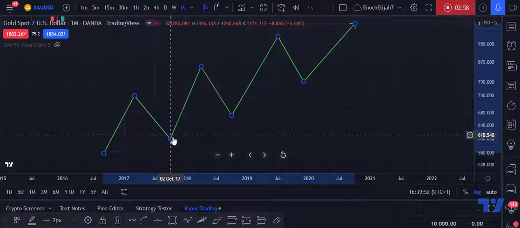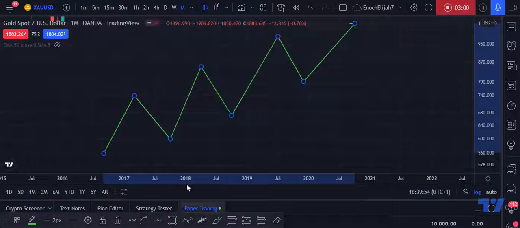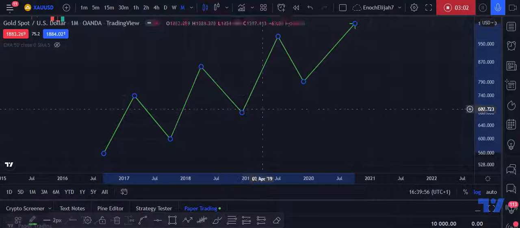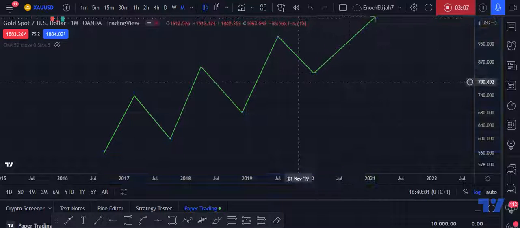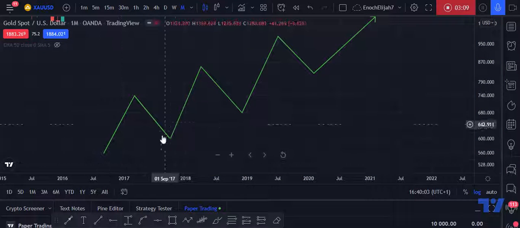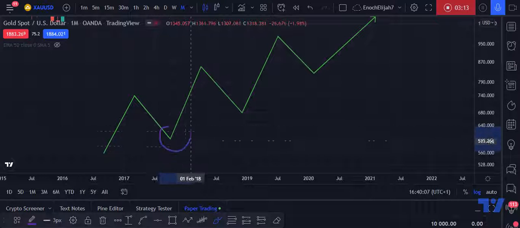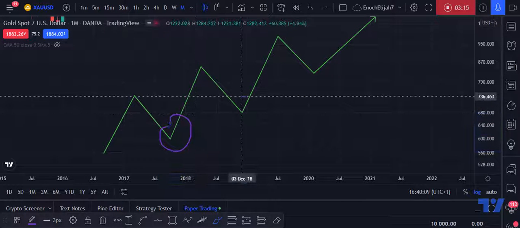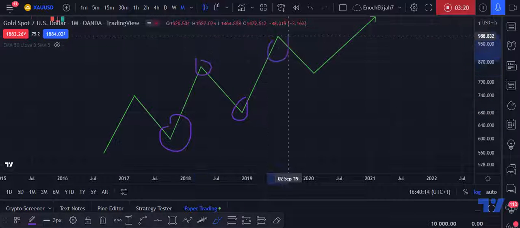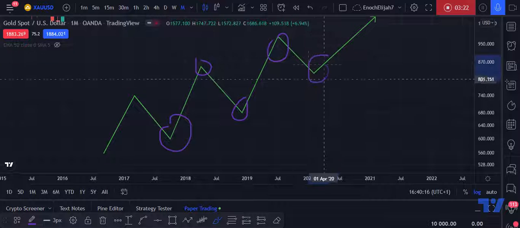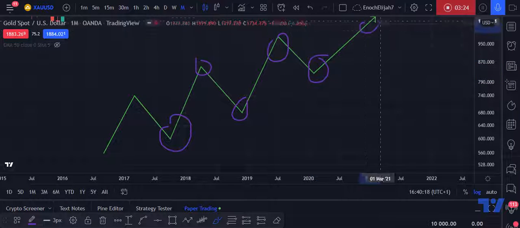So on this chart, some people would enter right at this support, at this pullback here. They will enter right at this zone, buy here, and sell at the top. So they buy the bottom and sell the top.